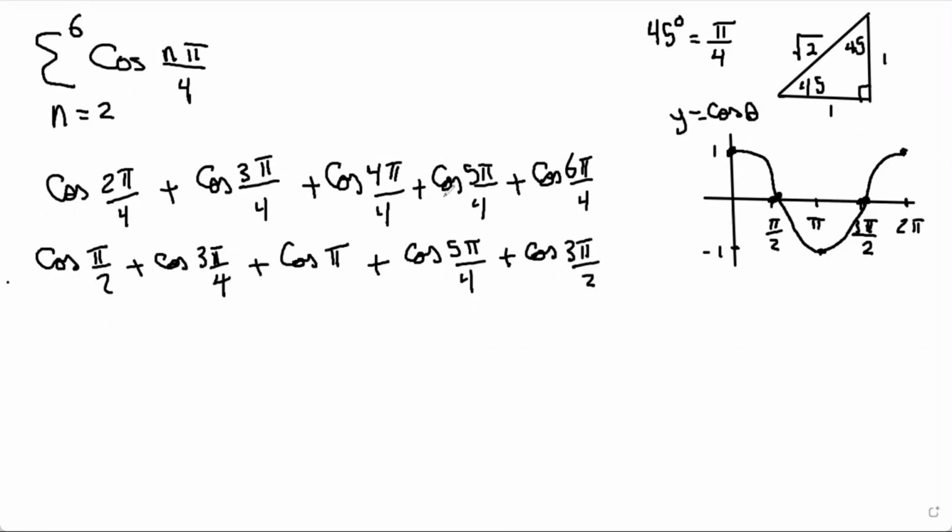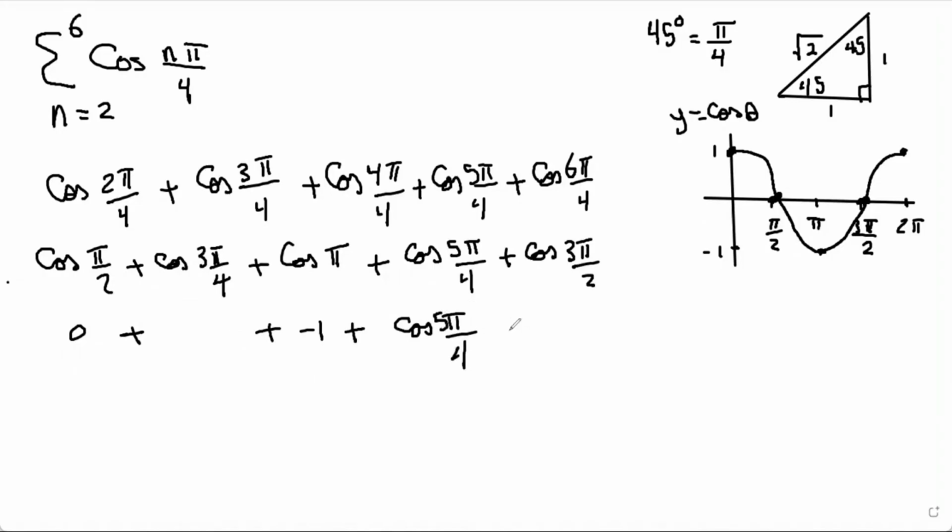So now let's deal with the easy ones first. First of all, cos pi over 2 is 0. And then cos pi, because I could just interpolate from the graph here, cos pi is -1. After that, I'm just going to leave cos 5 pi over 4 for a second.